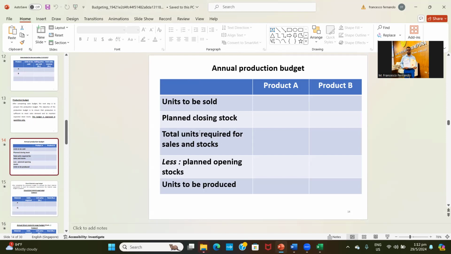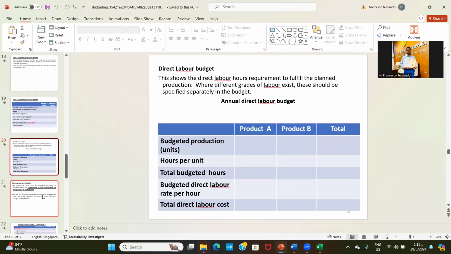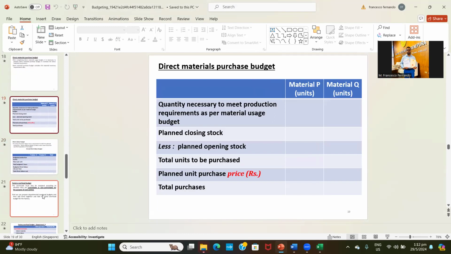You can incorporate those and do it. Sometimes I might skip one step, but you can incorporate those steps and get the same answer. So this is the end of the sales budget, production budget, material usage and labor budget. Next we'll see the cash budget.